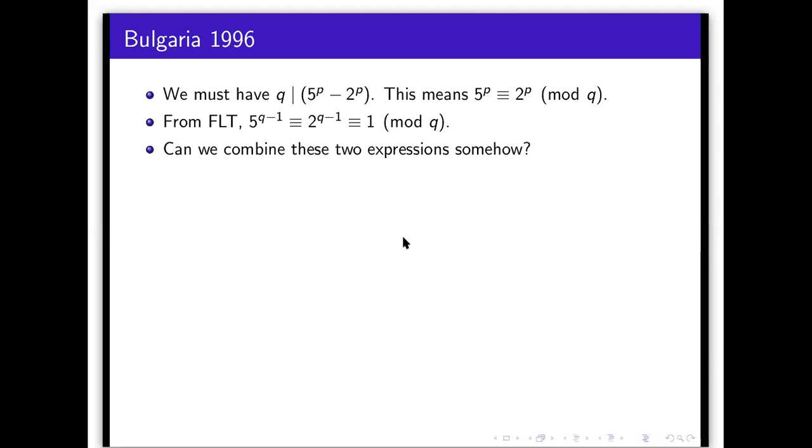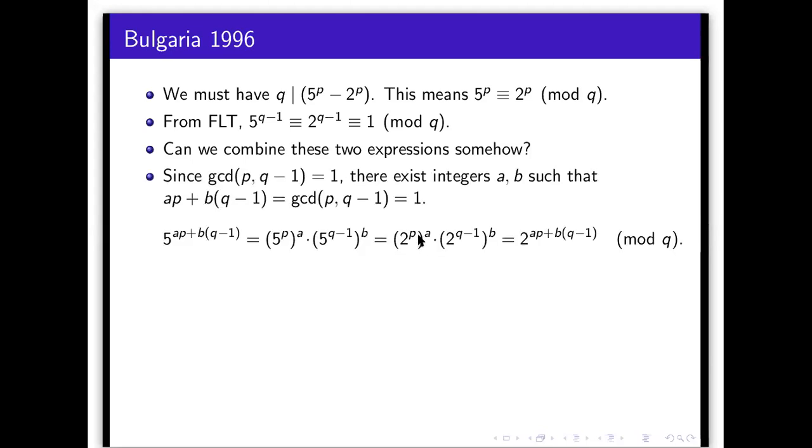And the way we would do this is first, we note that the GCD of p and q minus 1 is 1. The reason for this is that we're assuming that p is greater than or equal to q. So that means that p is greater than q minus 1.